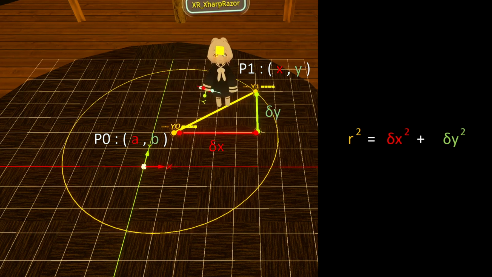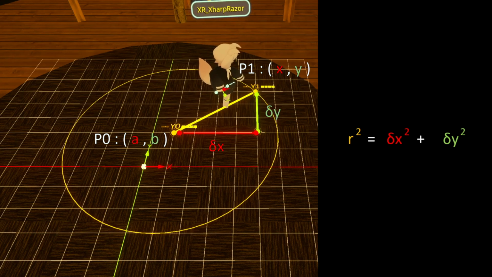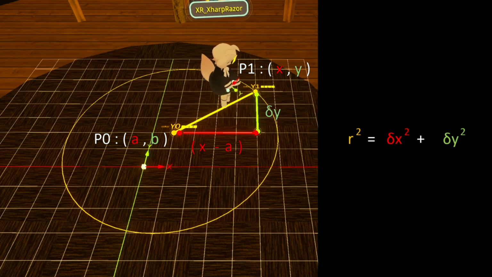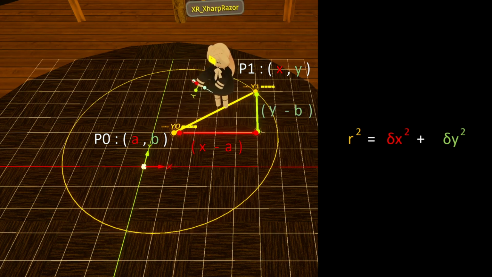So what is delta x? Delta x is the moving point, p1's x coordinate, minus the center point's x coordinate, so you have x minus a. And for delta y, the y difference between the 2 points, you have y minus b.